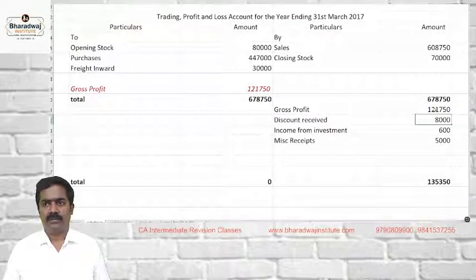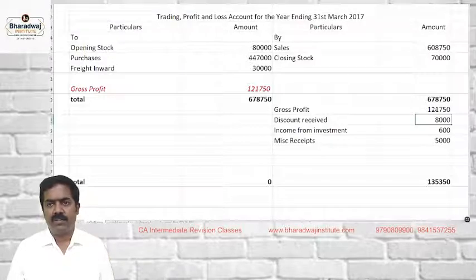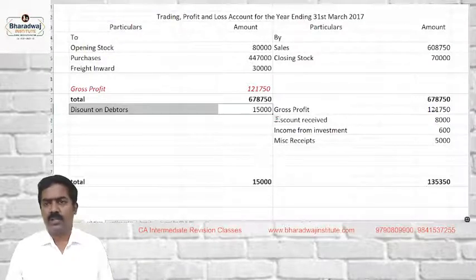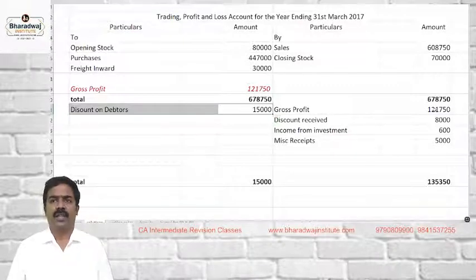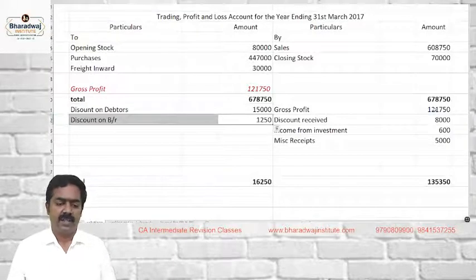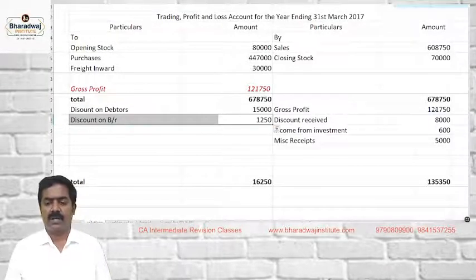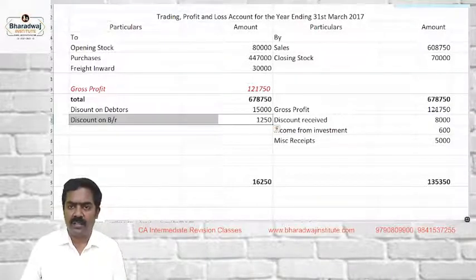What are the expenses? Discount on debtors. Discount allowed. How much? 15,000. Discounting on bills, that is also an expense. Discounting on bills, how much? 1,050.